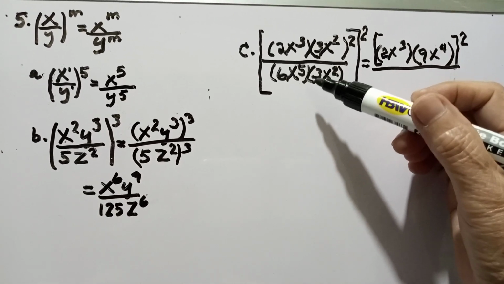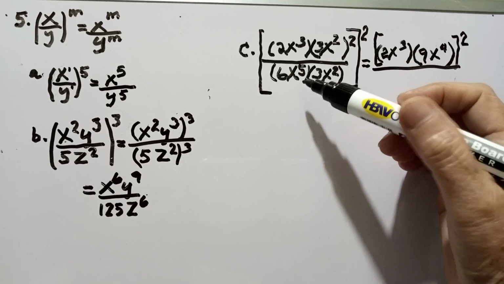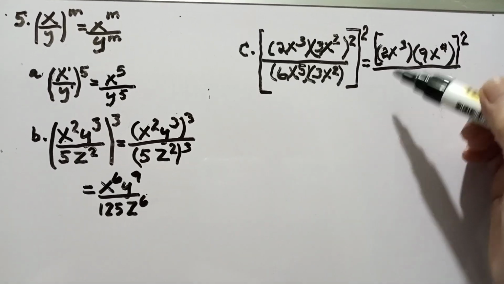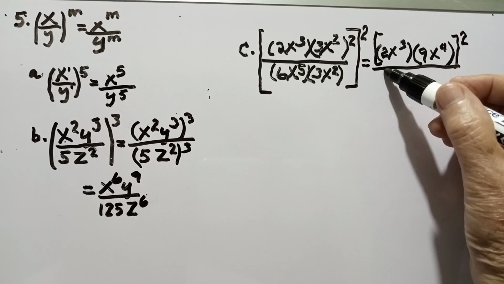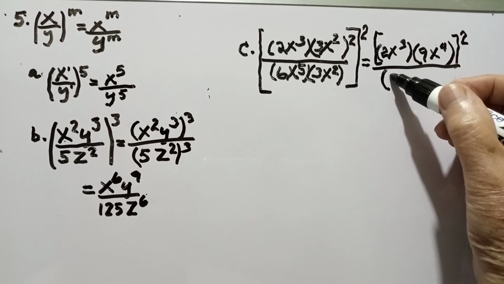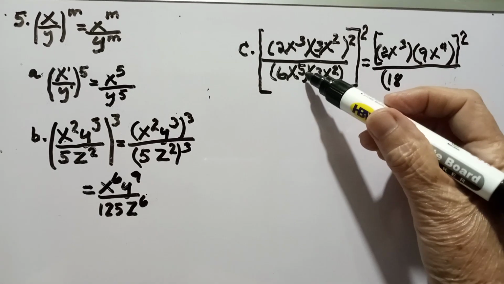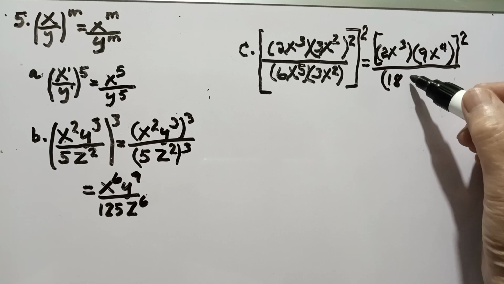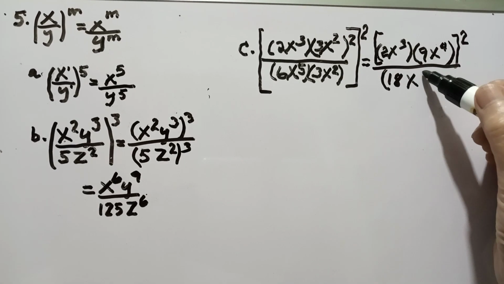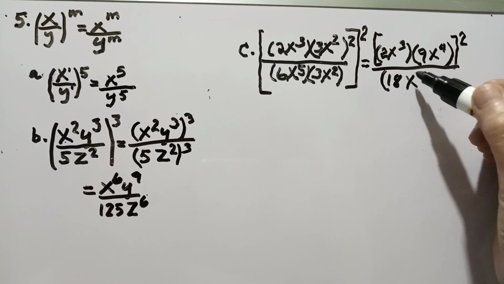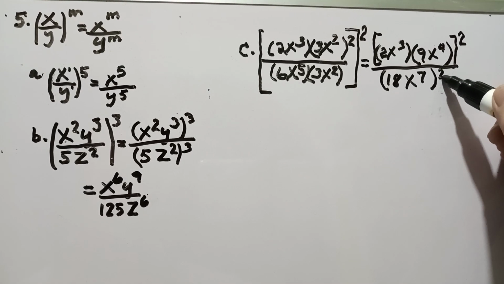now we will, excuse me, we will multiply 6 and 3 immediately. So we have 6 times 3 equals 18. And then x to the 5th times x squared is x to the 5 plus 2 equals 7. Then quantity square.